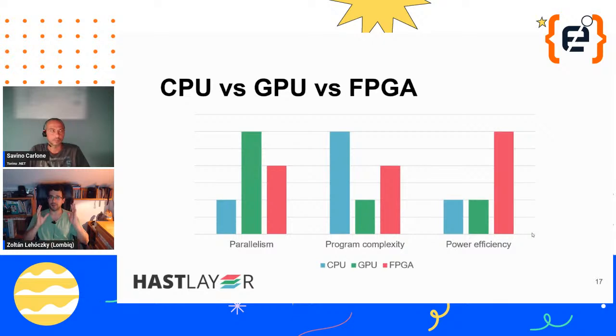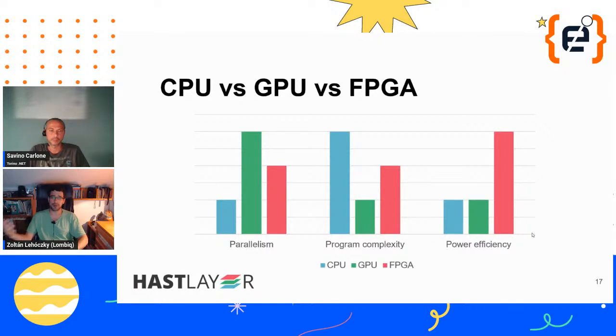And let's talk about parallelism first, the chart on the left. Now, how many things you can compute at a given time. And the CPUs are, I would say, on the lower end here. So, on a CPU, you have something like 4, 8, 16, maybe 64 processor cores, but that's about it.